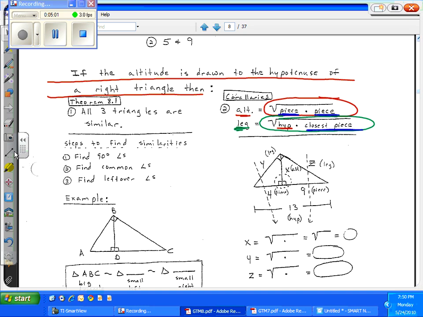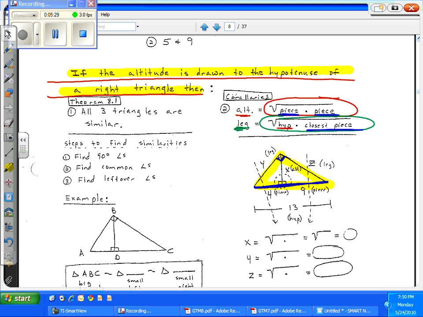So the altitude, here's the given, here's the if: the altitude is drawn to the hypotenuse of a right triangle. You've got to start out with a right triangle. In a right triangle, the side opposite the right angle is called the hypotenuse.